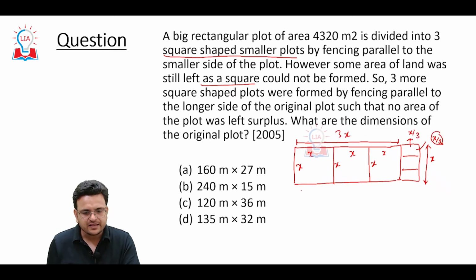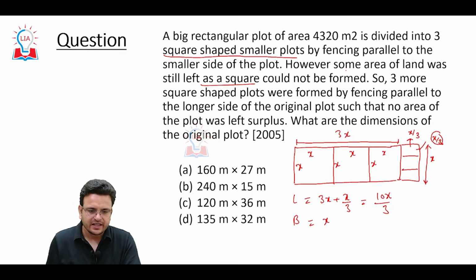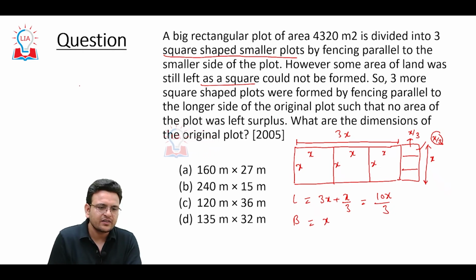Okay, so length will be 3x plus x by 3, which becomes 10x by 3, and breadth will be x. Then the area of this particular rectangle will be length into breadth.